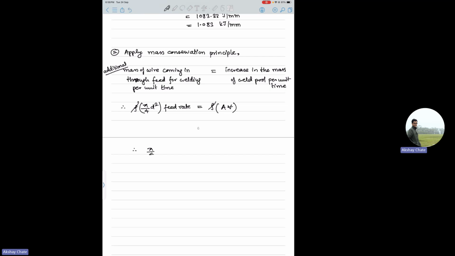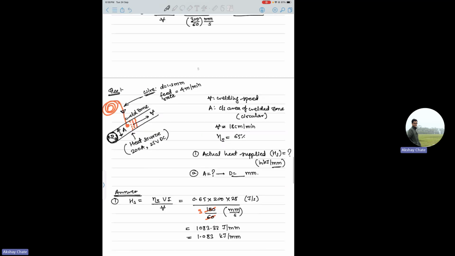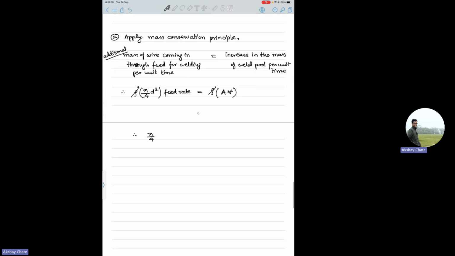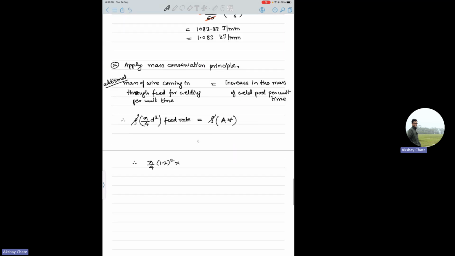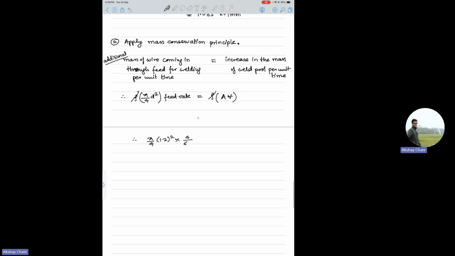So then you can solve this for d square, right? The wire diameter is 1.2 mm. Let's keep it in mm only, so that you get the area in mm. Feed rate is 4 meter per minute, so 4 by 60 meter per second.